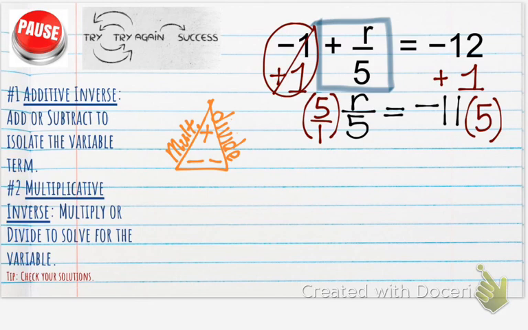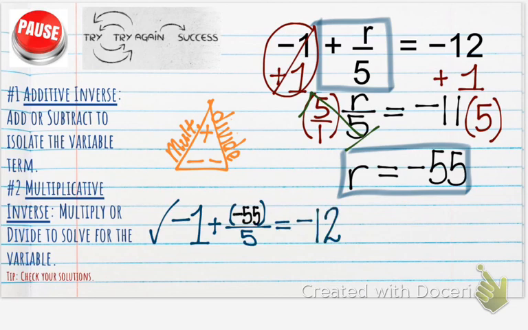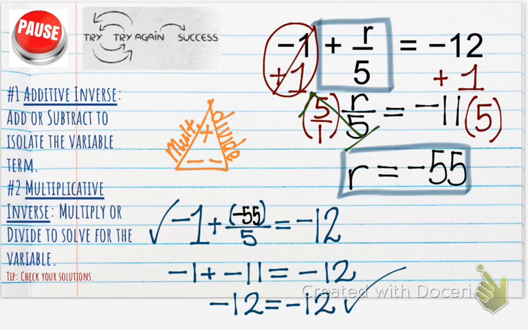And what's 11 times 5? 55. Good job. Now let's go ahead and substitute it into our original equation. And what's negative 55 divided by a positive 5? Yes, it's negative 11. And what's negative 1 plus negative 11? Same signs. We add and keep the sign. So if you answered negative 12 equals negative 12, you are correct.